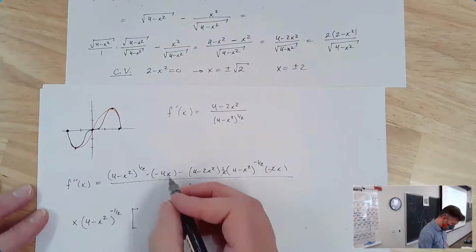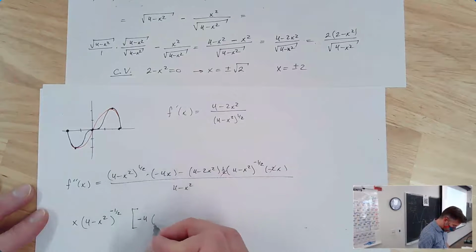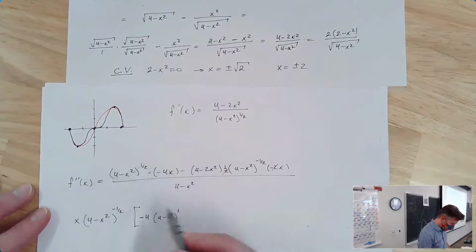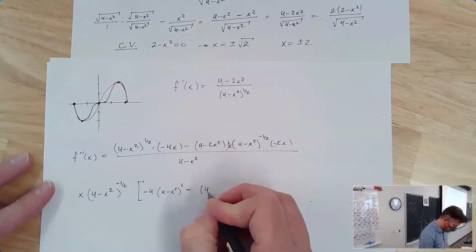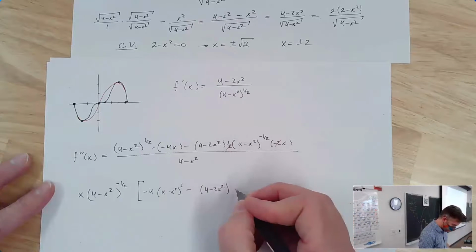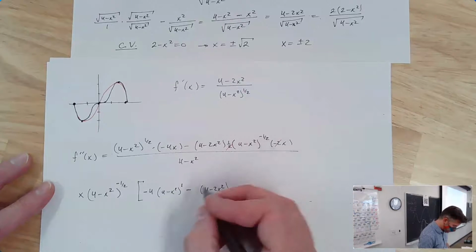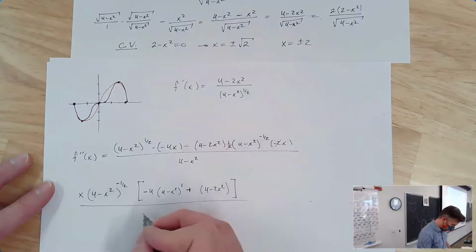I'm left with a -4 here and a 4 minus x squared to the first. That's what's left from this first part here. And from the second part, I'm left with a 4 minus 2x squared, and I'm left with a -1. All divided by 4 minus x squared.